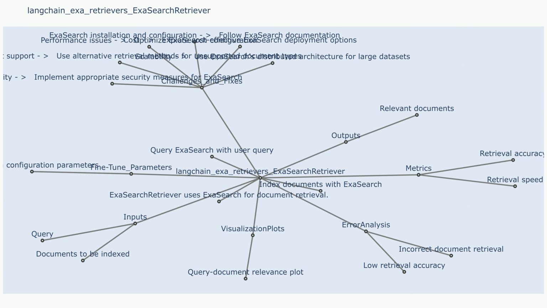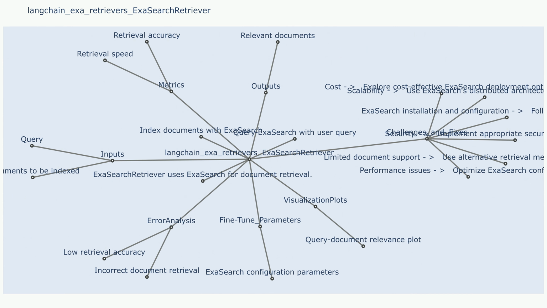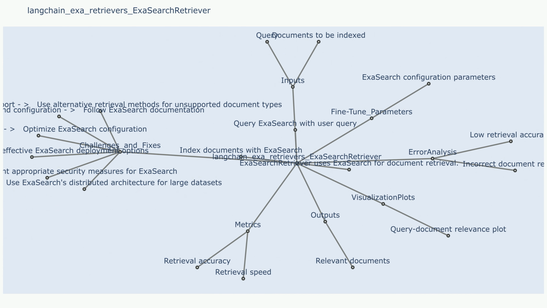Fine-tune parameters. Embedding model. This parameter allows users to select the pre-trained embedding model used for query embedding. Choosing a model appropriate for the specific domain and language of the documents is crucial for accurate retrieval. Index configuration. The ExaSearch index configuration can be adjusted to optimize retrieval performance.